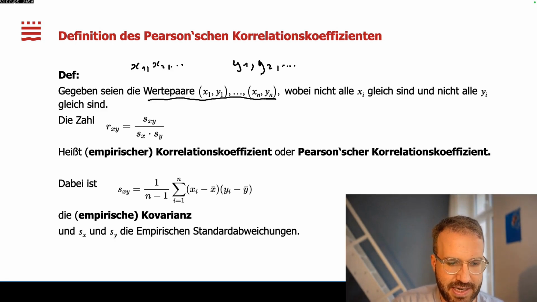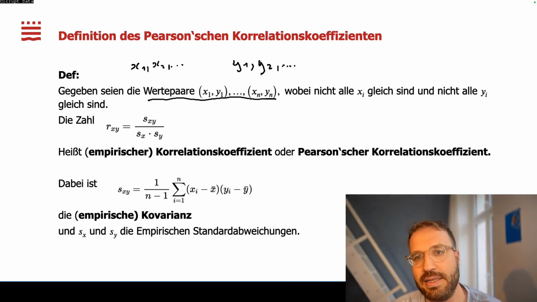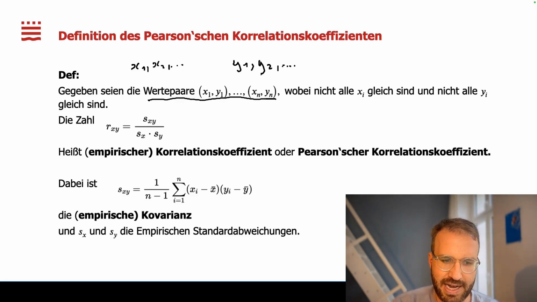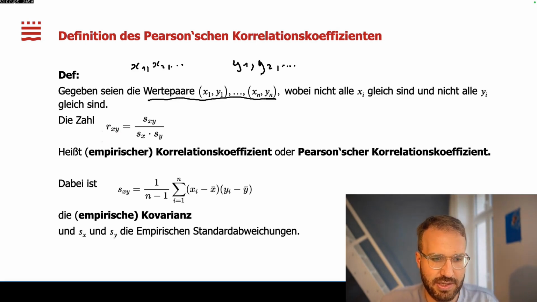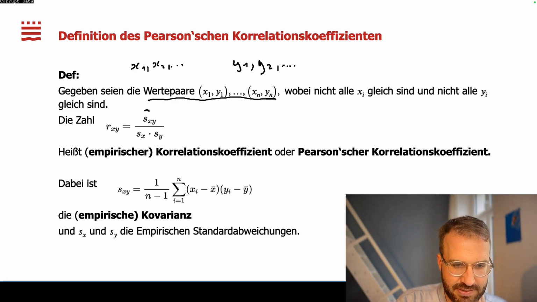Well, now we define the so-called empirical correlation coefficient, or also the Pearson correlation coefficient. Pearson is the name of a mathematician from whom the coefficient actually derives. And we usually denote it with the symbol r, r_xy. So the xy in the index stands for the data x and the data y. And essentially, it is a quotient of 2 expressions.